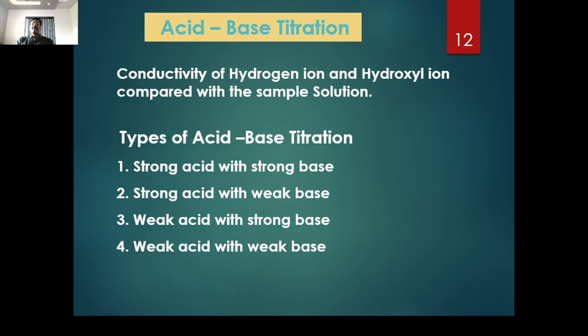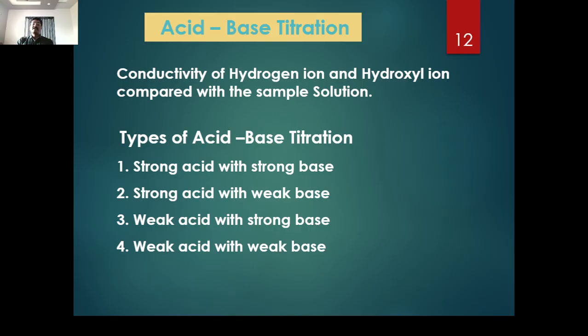By comparing the mobility, or the conductance, of hydrogen ions and hydroxyl ions, we determine the end point of the titration. During the titration, there are variable hydrogen ions and hydroxyl ions. That means the speed of the hydroxyl ion and hydrogen ion is different, and it gives a variable conductance, and from that we determine the end point of the acid-base titration.